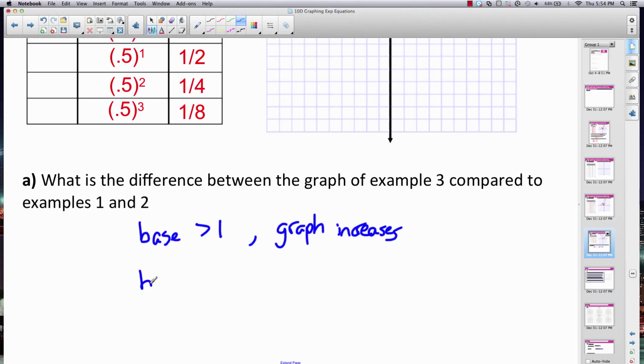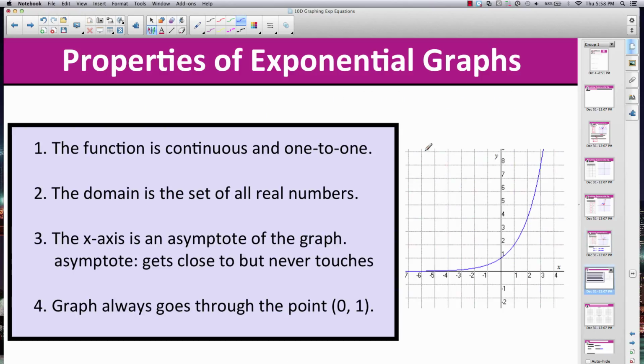But if the base is between 0 and 1, so 1/2, 1/4, so on, the graph decreases, as we saw with this example. So here are properties of exponential graphs. Pause the video so you have some time to copy down these 4 properties.